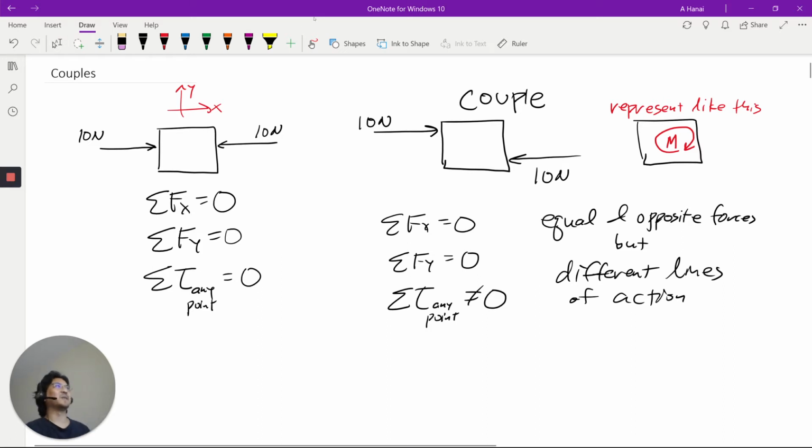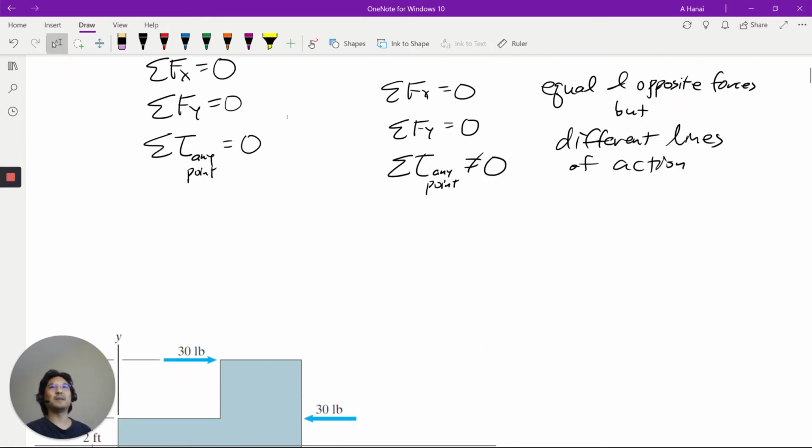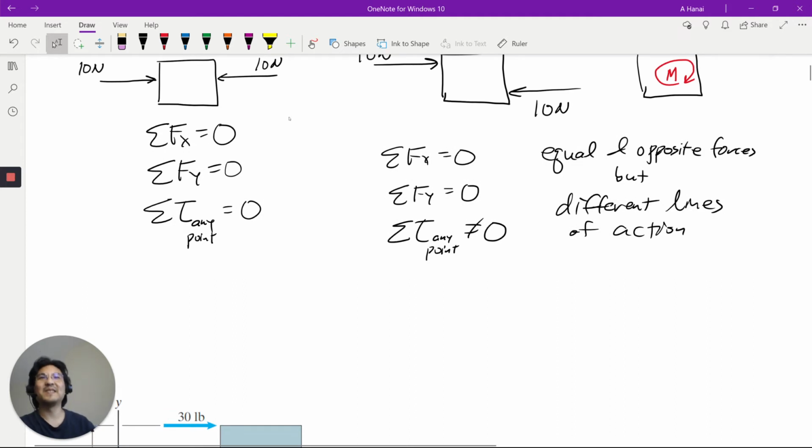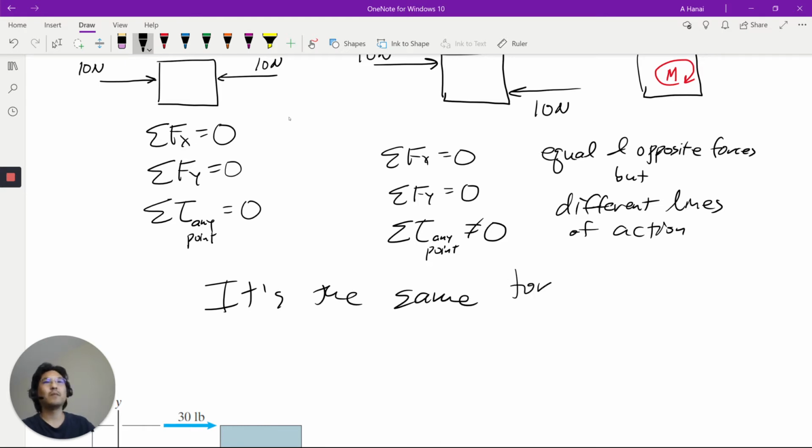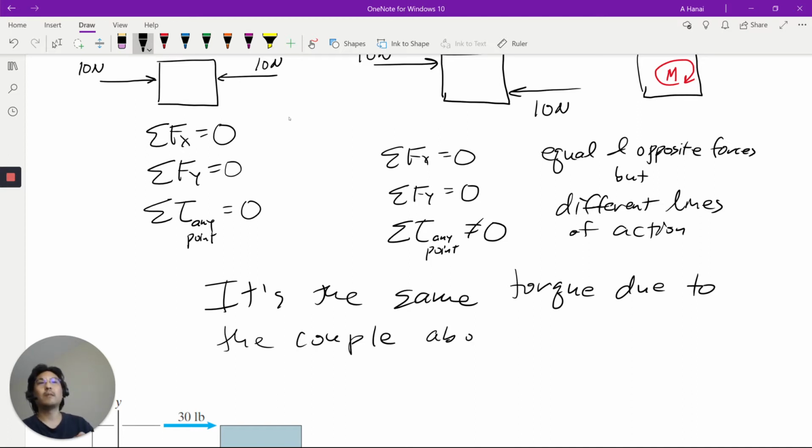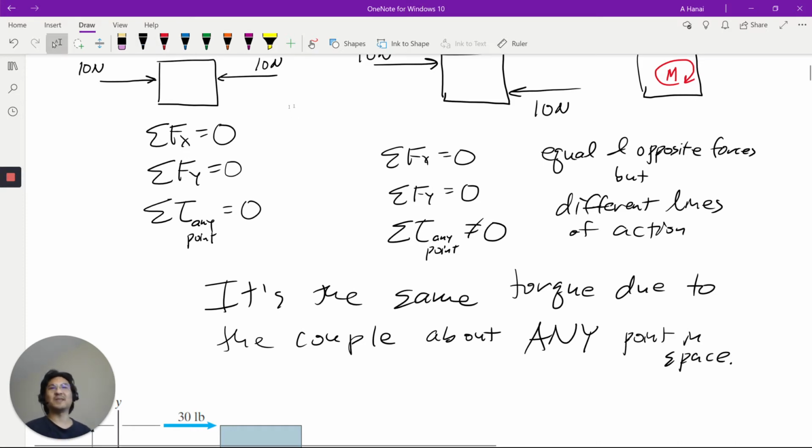Okay, so let me jot down what I said. Okay, so here's an example.